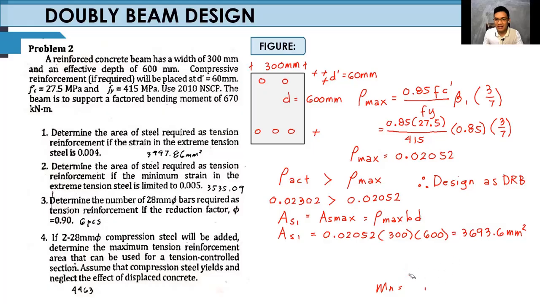Yan. So, lagay natin. Mn is equivalent to M1 plus M2. Mn natin is in terms of Mu, kasi Mu yung given natin. Mu over phi is equivalent to M1 plus M2. What is our M1? Yung tension natin, T natin, and then multiplied by our lever arm. So, M1 natin, nasa figure, which is AS1, yung tension 1 natin.